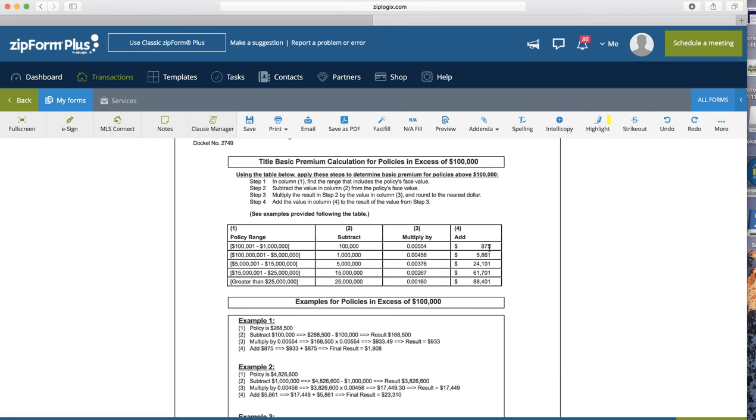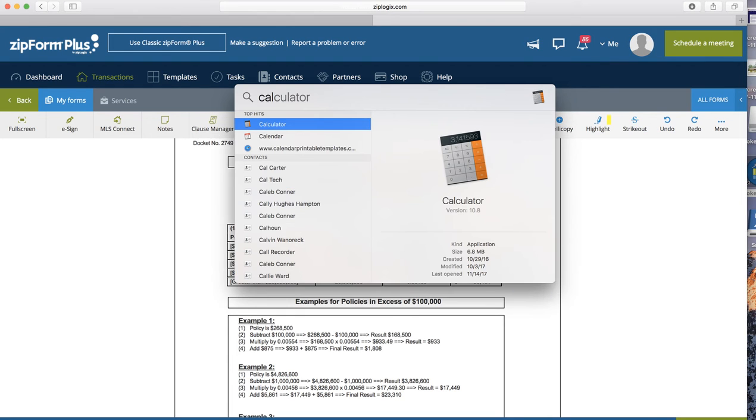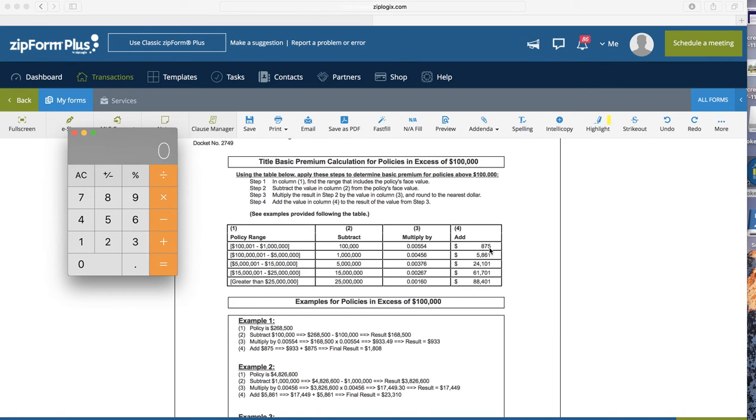So for 135,000, let me see if I can figure this. My calculator's in a different spot on this computer. I'm going to take my 135,000. I'm going to subtract 100,000. I'm going to get 35,000.